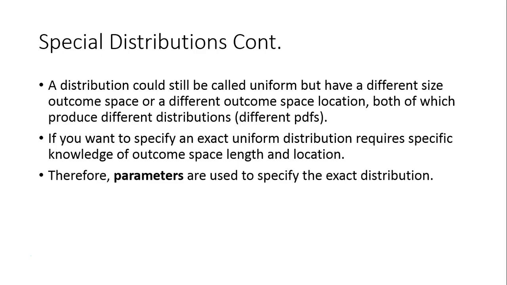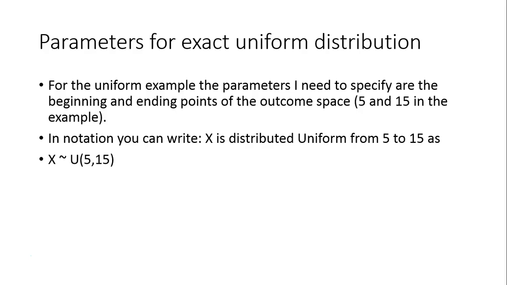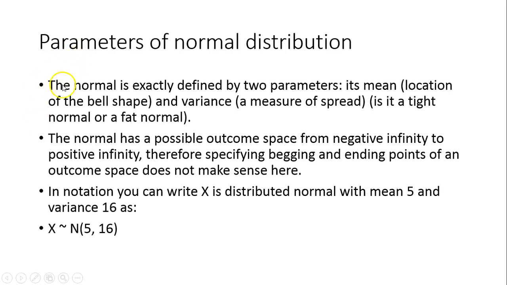If you want to specify an exact uniform distribution, it requires specific knowledge of the outcome space length and location. Therefore, parameters are used to specify the exact distribution. Again, for uniform, this is 5 and 15, the beginning and ending points. However, the normal distribution is also defined by 2 parameters.